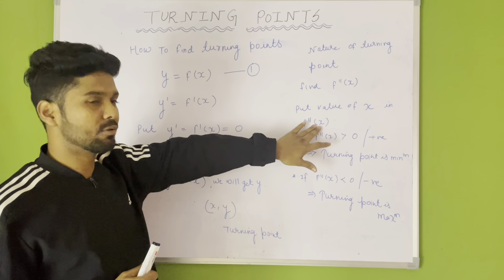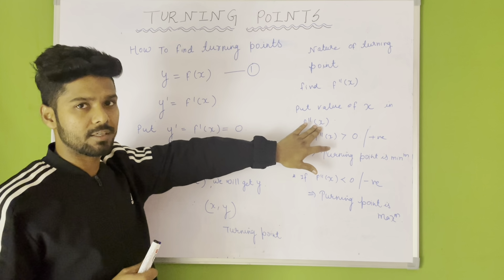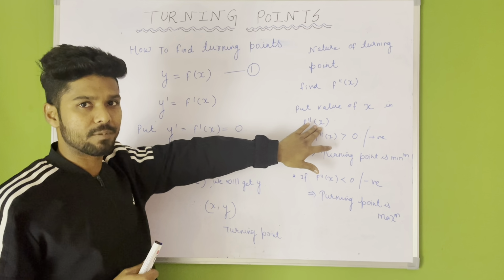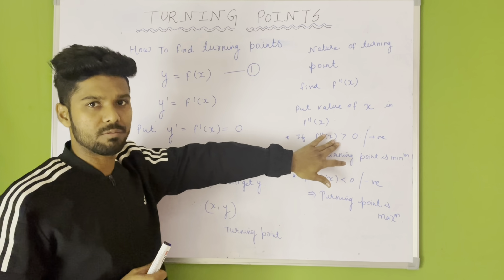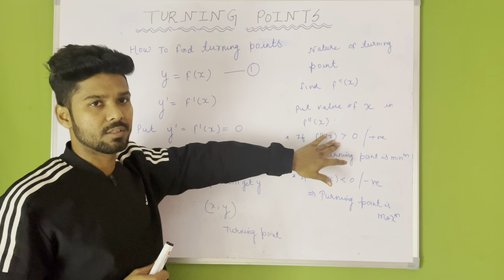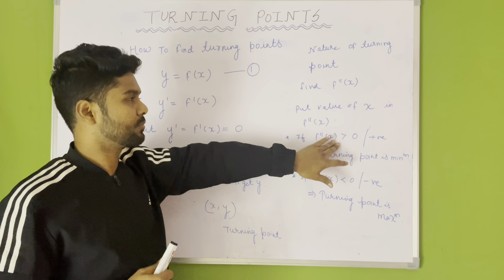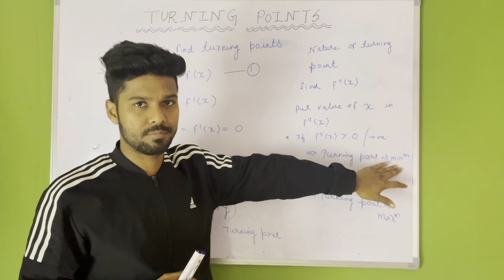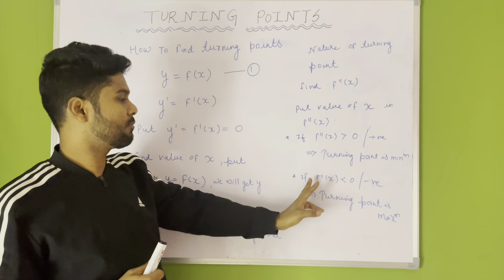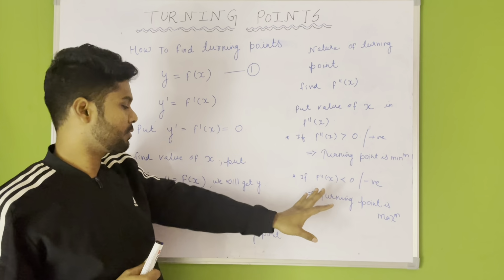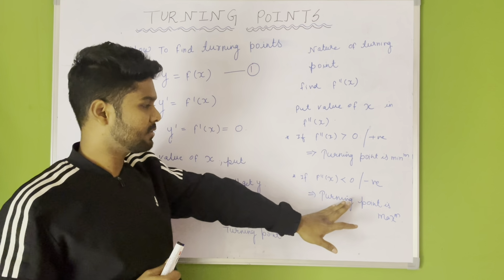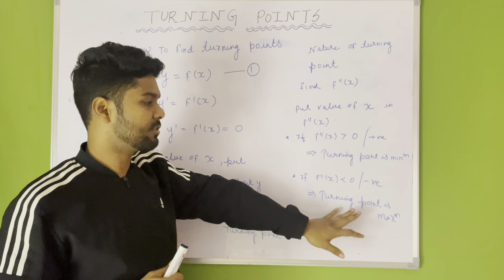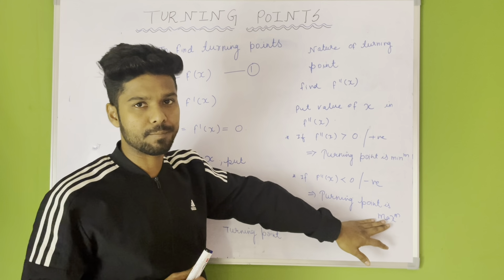If after putting the value of x in f double dash x the value is positive, greater than 0, that means the nature of the turning point is minimum. And if the value is less than 0, negative in nature, that means our turning point is a maximum.